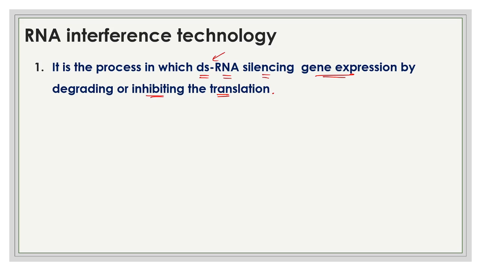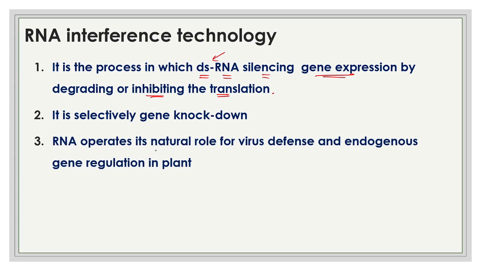Secondly, it is selective gene knockdown. As we saw in the second slide, I told you these techniques are gene knockdown, not gene knockout. Okay, clear? Then RNA interference operates in its natural role for virus defense and endogenous gene regulation in plants.